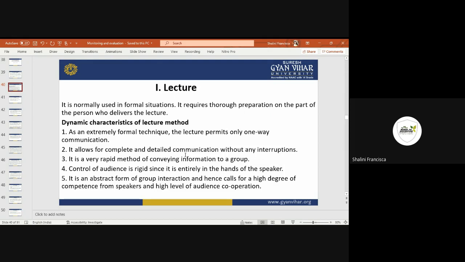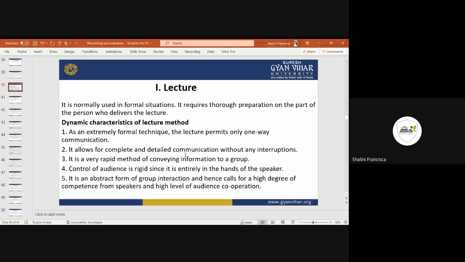Dynamic characteristics of the lecture method. Even for the lecture there is a proper method that should be followed. And how should it look? The first point is, as an extremely formal technique, the lecture permits only one-way communication.